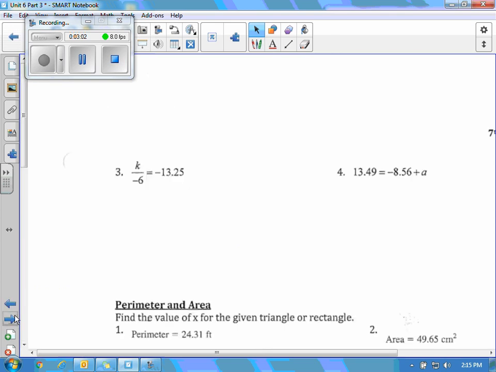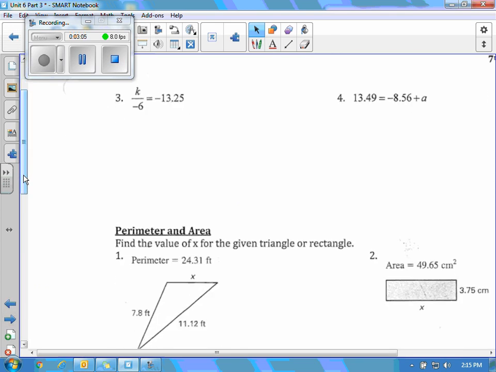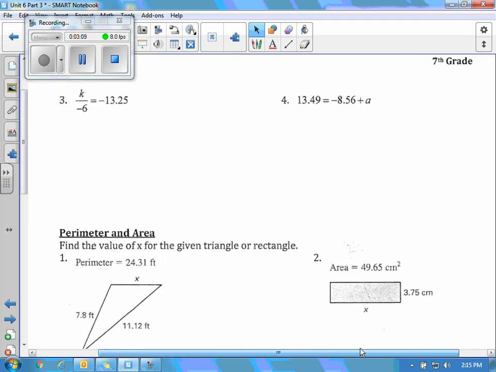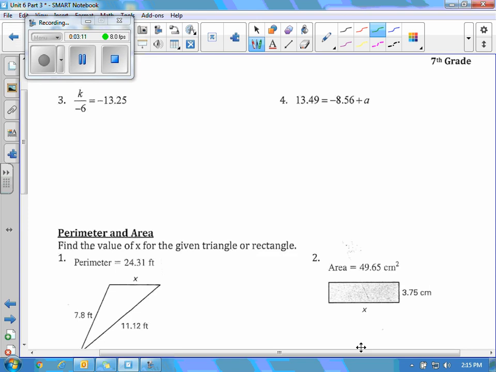I'm going to come over here and look at number 3. So again, for number 3, the first thing I need to do is box and rewrite. I'm going to have k over negative 6 equals negative 13.25. If you look at the variable over on the left side in a fraction, that means division. So to undo that, we need to multiply.